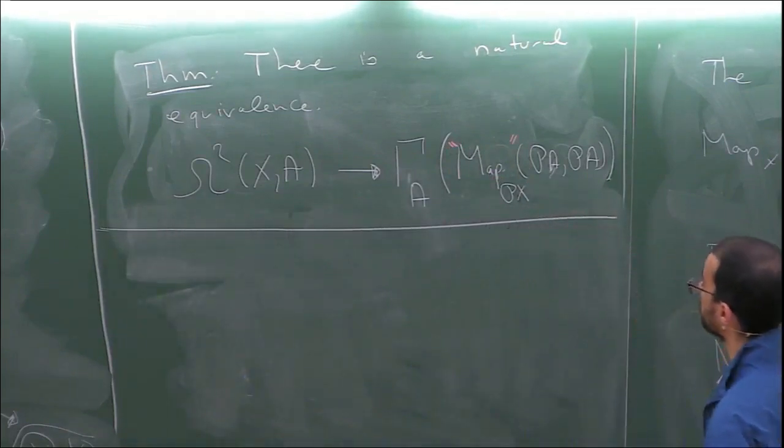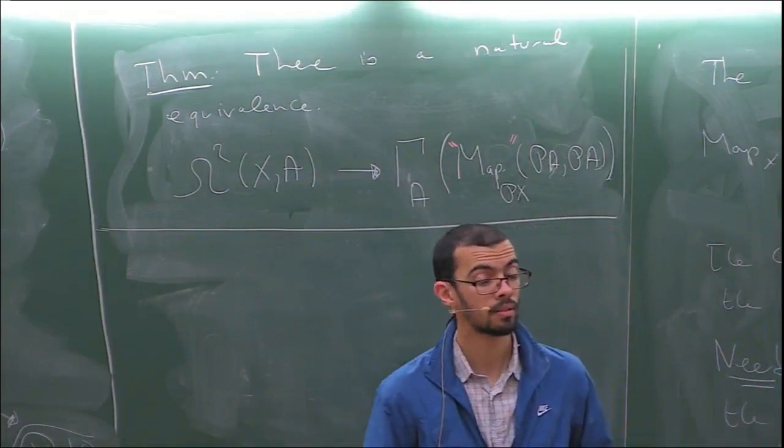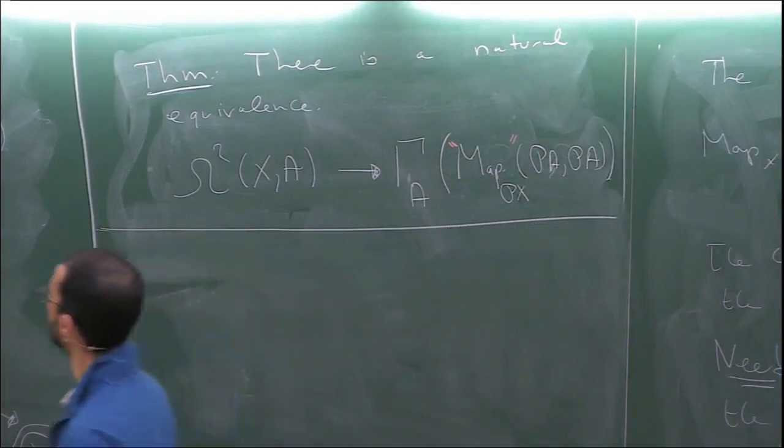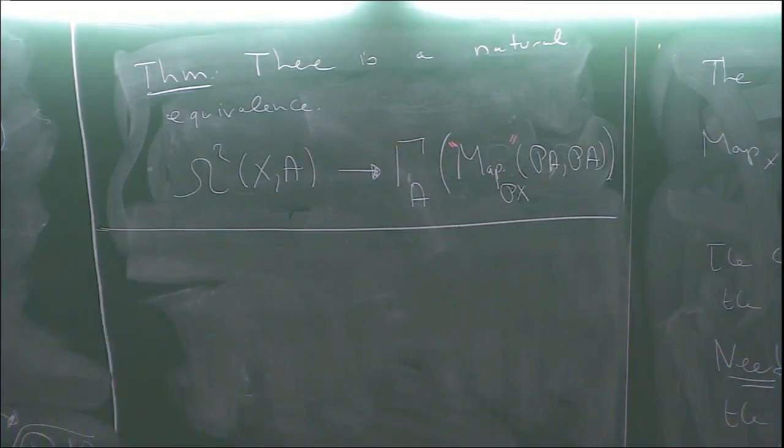What does that mean? So this is not loops. This is paths on X from the base point to A. So there is a base point, which is fixed, and it lies on A. Here you look at paths which go through all of X, and then at the other point end up on A. Here you look at paths which remain on A for all time.